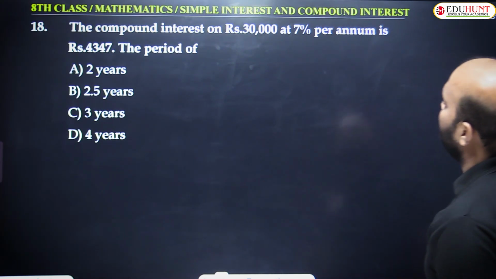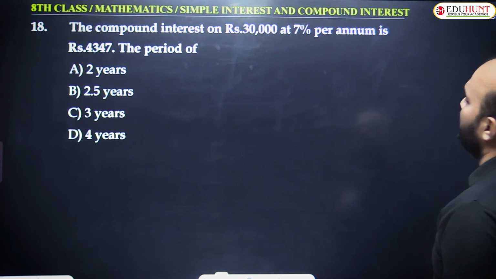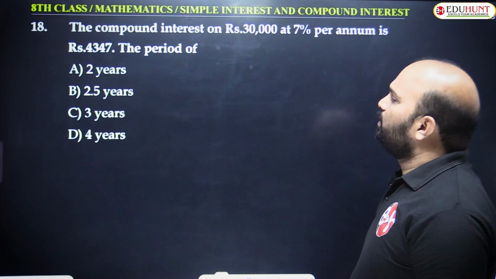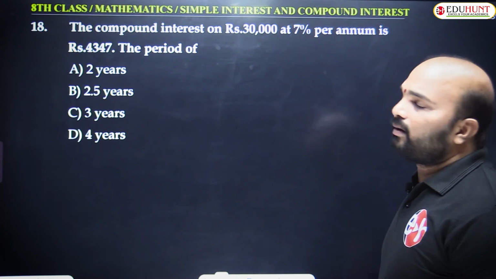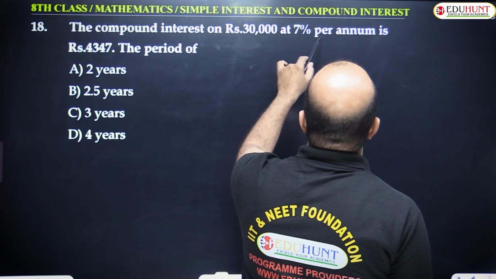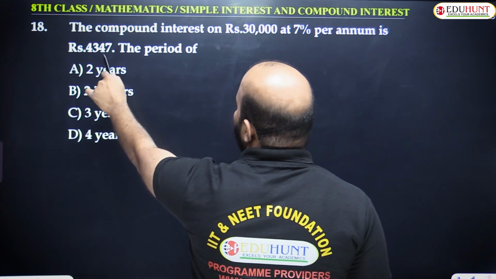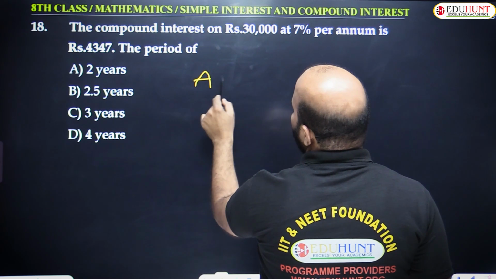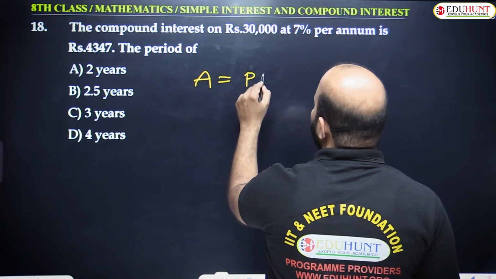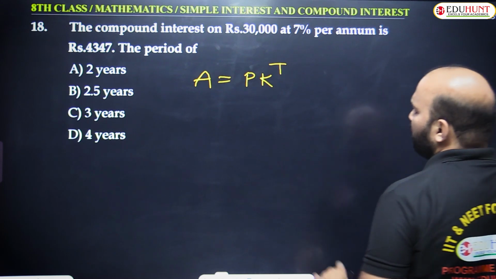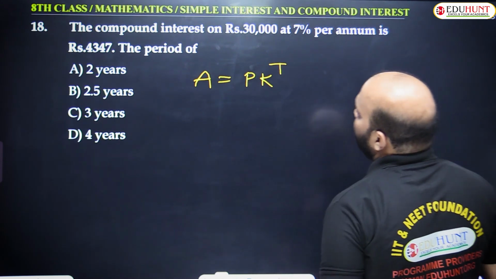The compound interest on 30,000 rupees at 7% per annum is 4,347. Find the period. So the question I am asking is the period, nothing but time. According to the formula method, what is the amount formula? A equals P K power T, where K equals 100 plus R by 100, nothing but 1 plus R by 100. Am I clear?